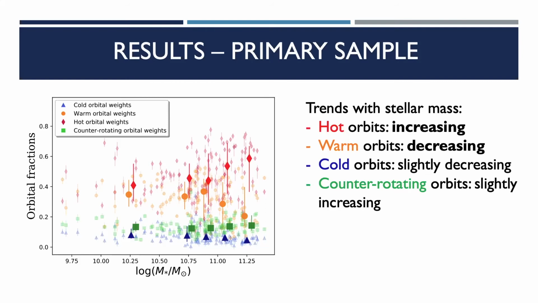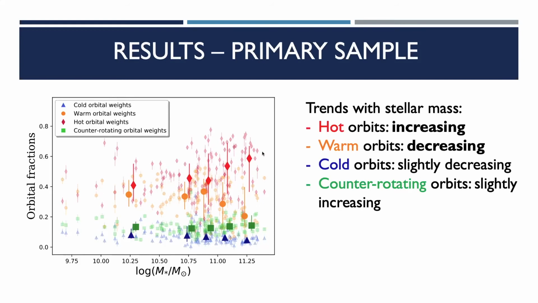As you can see, for galaxies with stellar masses around 10^10.5, there is more or less the same contribution from hot and warm components.